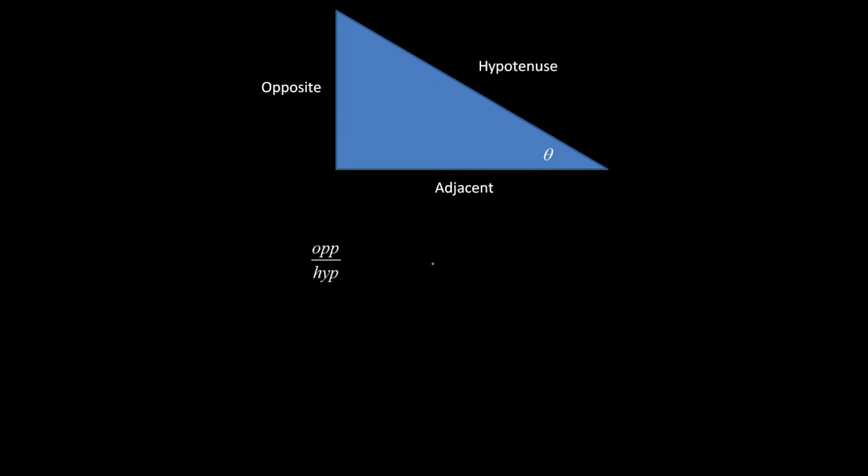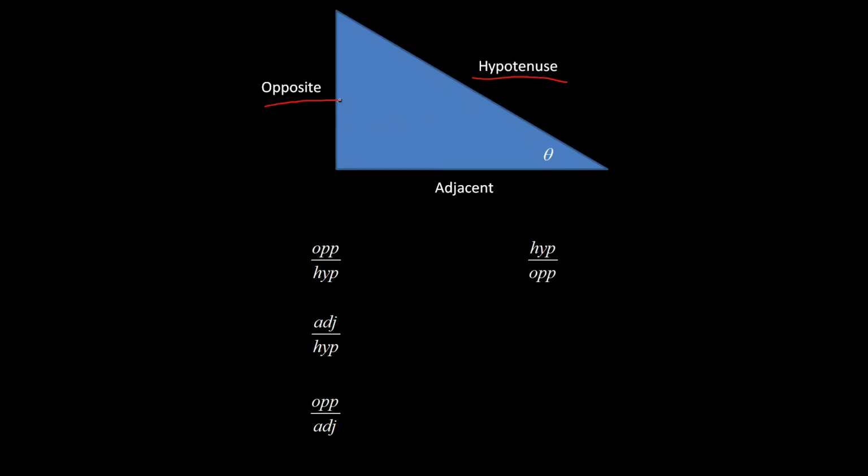Now, altogether, there are 6 ratios we can form here. We can do the opposite divided by hypotenuse. We can do adjacent divided by hypotenuse. We can do opposite divided by adjacent.